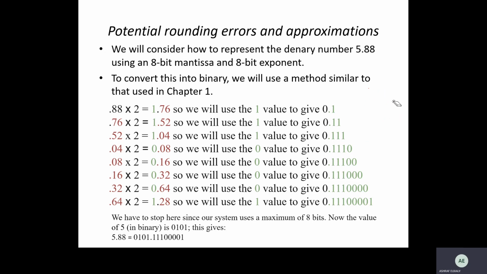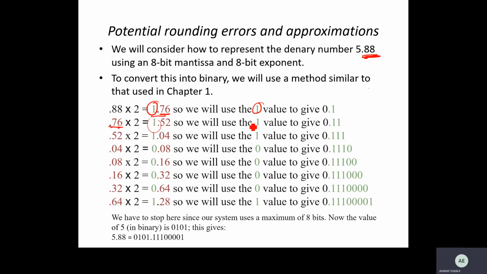The same thing here, but we are going to do the opposite since we have fractions. We will first consider whether this approximation is correct or not. So 0.88 times 2 will be 1.75. So we will use the 1, we'll consider the whole number here. And the value after the decimal point will be multiplied again by 2.